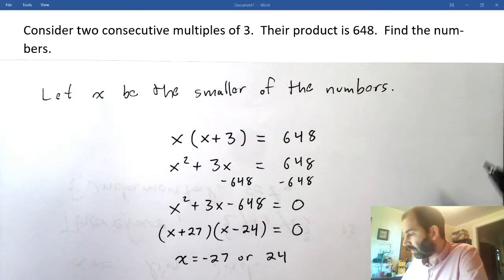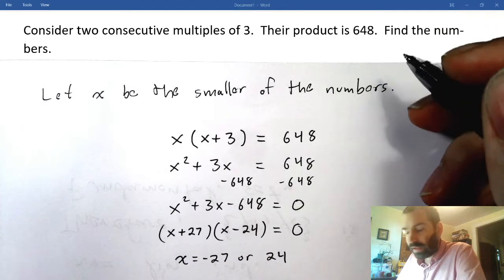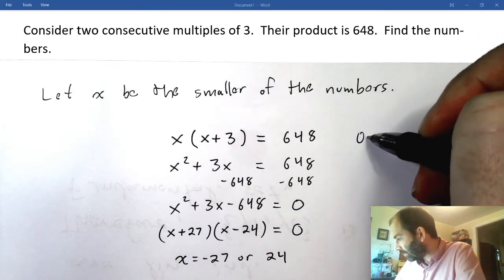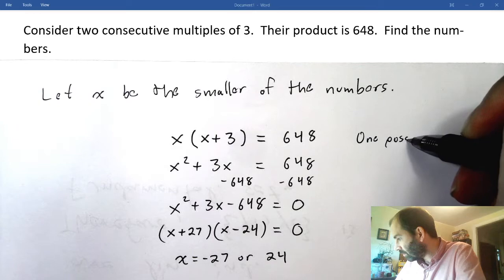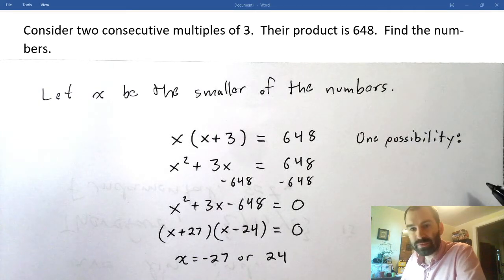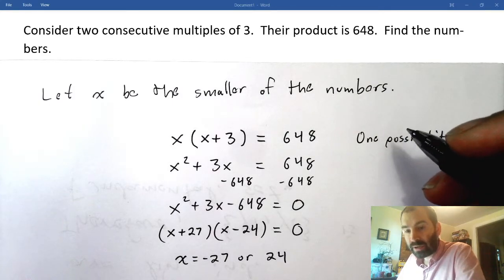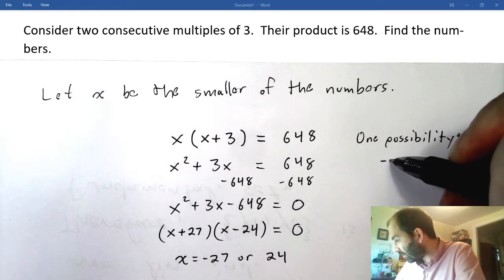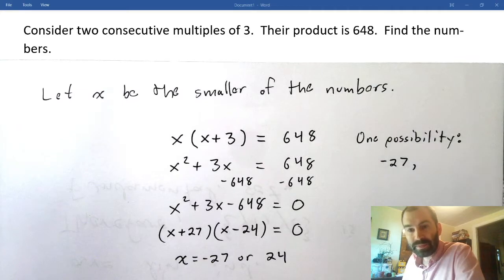Okay, so here's one possibility. The smaller number is negative 27. And what's the consecutive number?